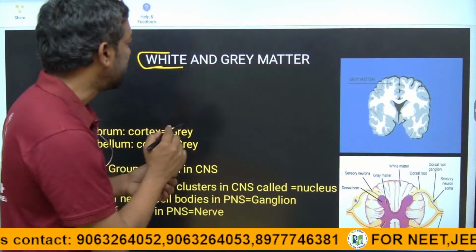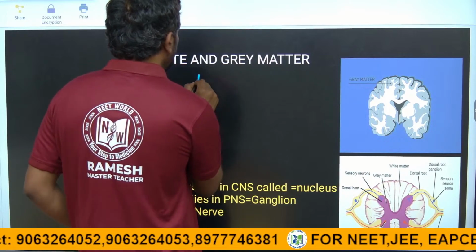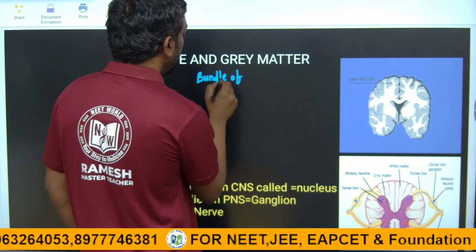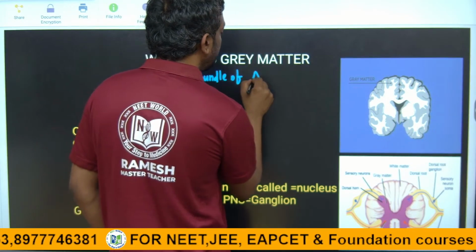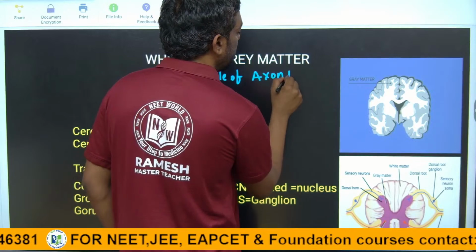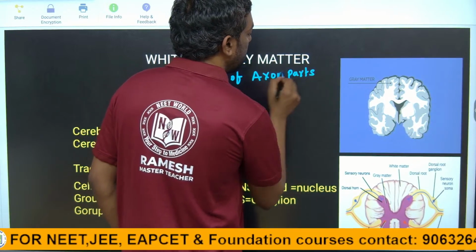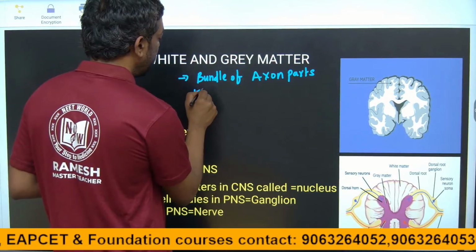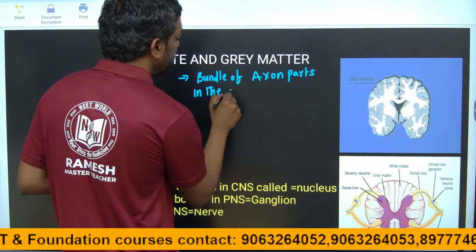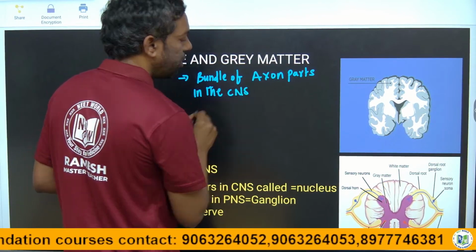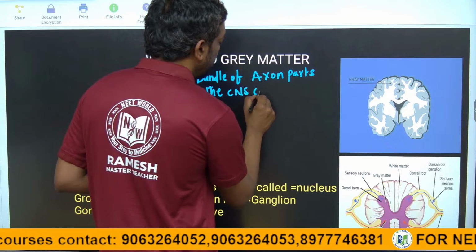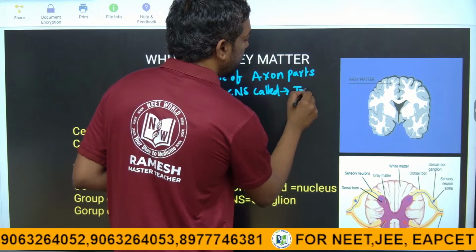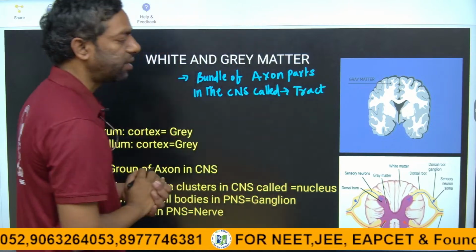A bundle of axon parts in the central nervous system is called a tract.